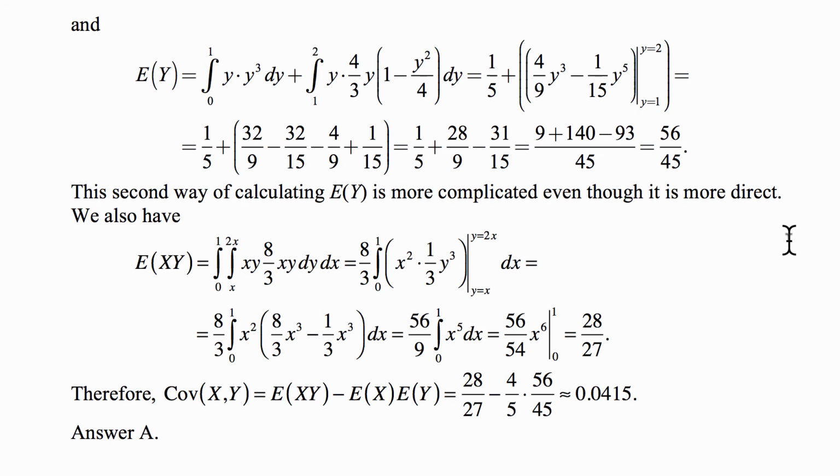So the integral from 0 to 1 of x to the fifth is just 1/6 x to the sixth, evaluated from 0 to 1, that just gives you 1/6. So the answer is 56/9 times 1/6, which is 56/54, the same as 28/27. And the value of covariance is established as 28/27 minus 4/5 times 56/45, which is approximately 0.0415, which is answer A.